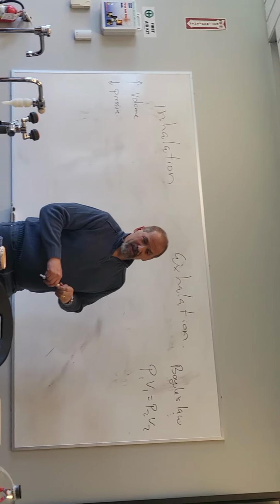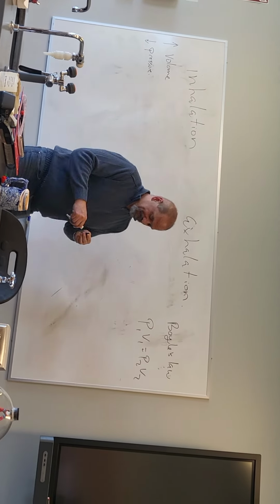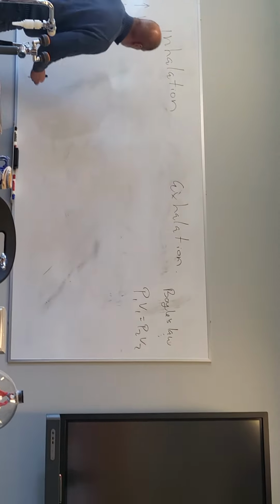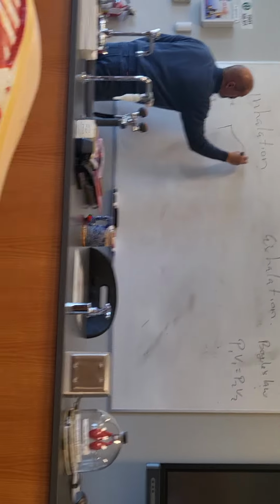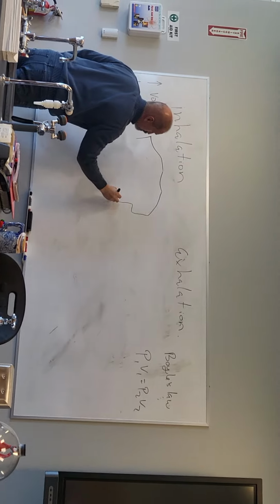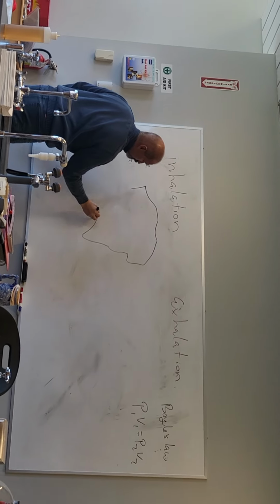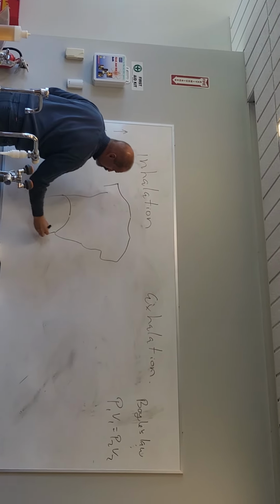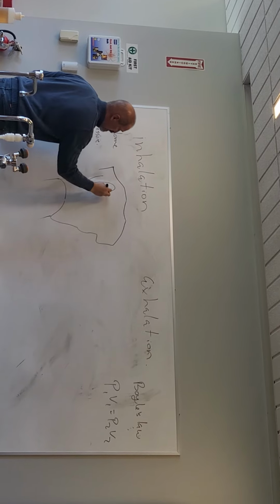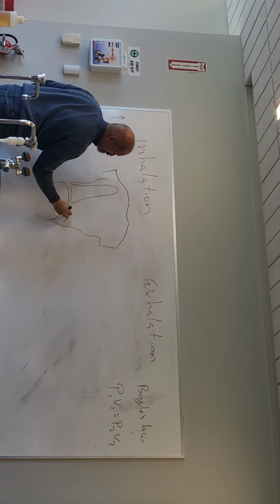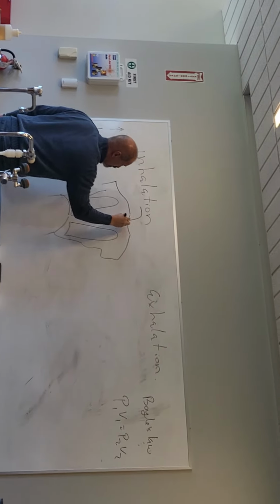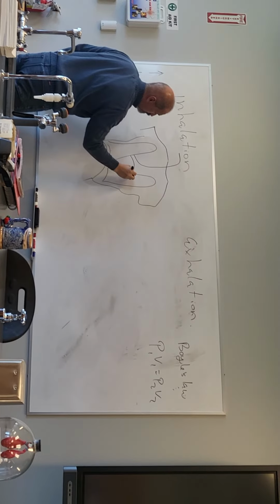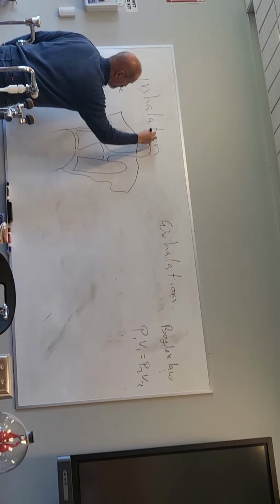And that is the relationship you need to have in mind when we breathe. So you've got a thorax here. In that thorax, you've got a couple of lungs sitting in here. And there's a pipe connecting to the outside there.